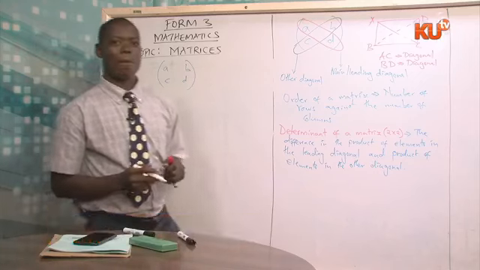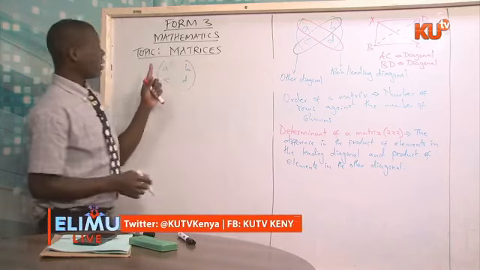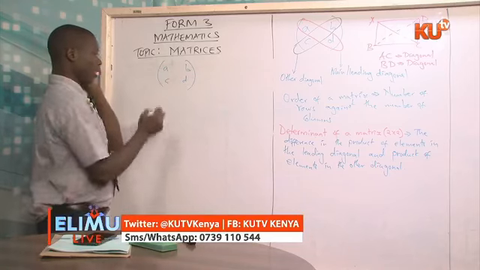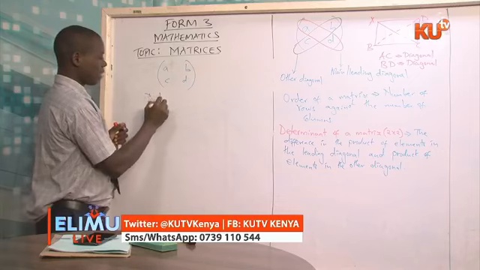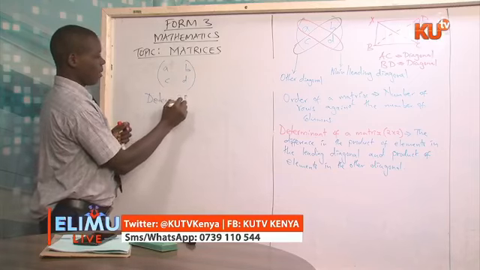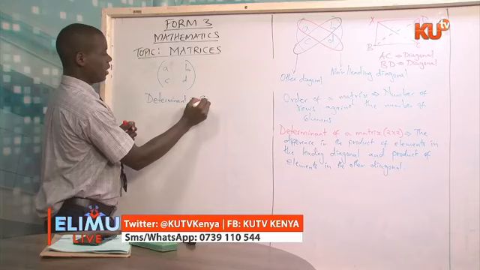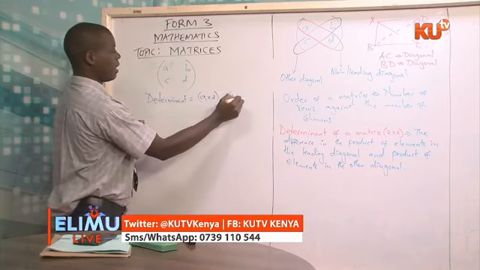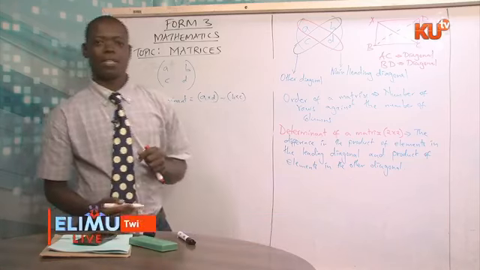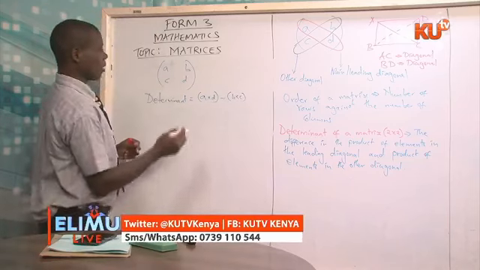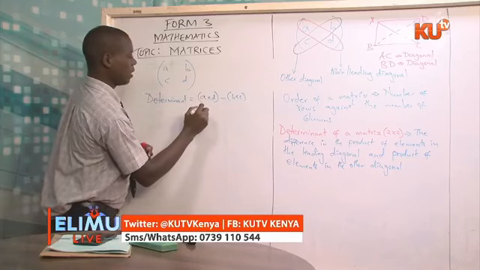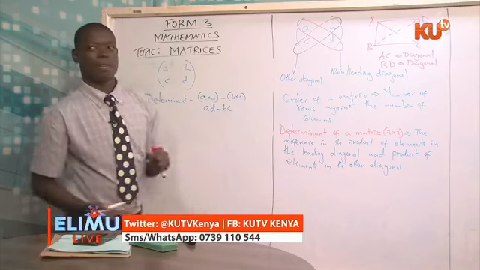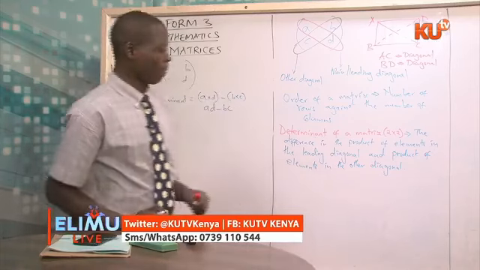A, B, C, D is our matrix. So what are the elements in the leading diagonal? It is A and D. Therefore, when talking of determinant, we say it is A times D minus B times C. So A times D gives us AD minus BC.